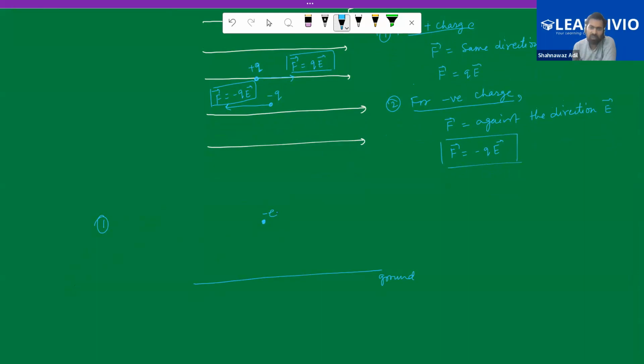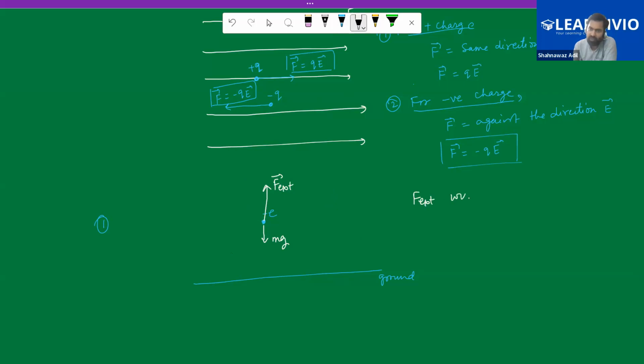So what would be the direction of the electric field that you provide externally so that this doesn't fall? Because if there is no electric field, then this will fall due to gravity. So we require a force in this direction that will balance.